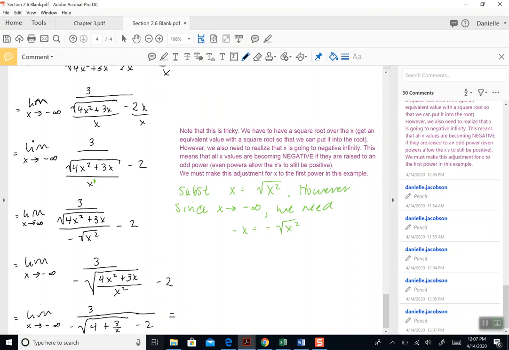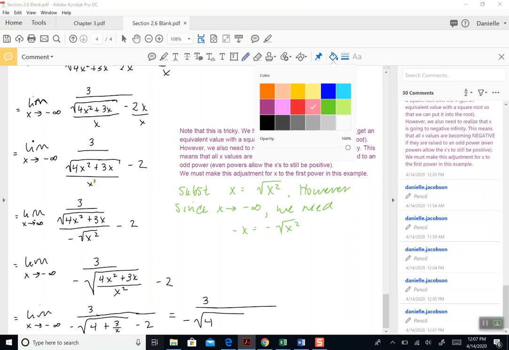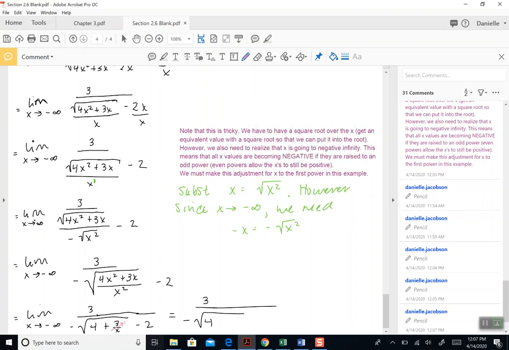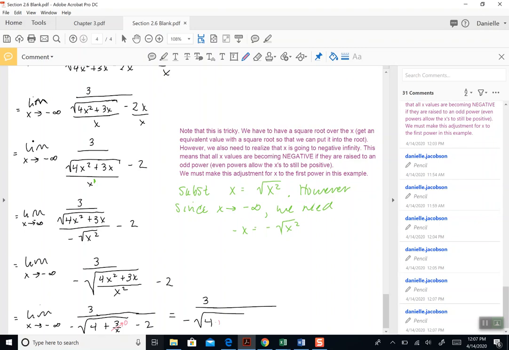So in the numerator, since it's a constant, it's just going to go to 3 regardless of what x is approaching. In the denominator, I have my minus sign right here that I have to hold. Okay, under here, I know I can run the limit through that square root. So 4 is just a constant. It's going to go to 4. All right, with the 3 over x, we should see we have a small constant divided by a number that's getting really big, so that's going to be 0.